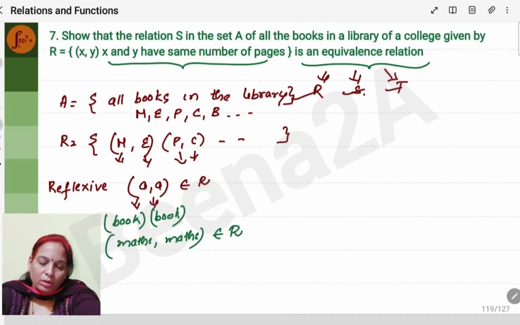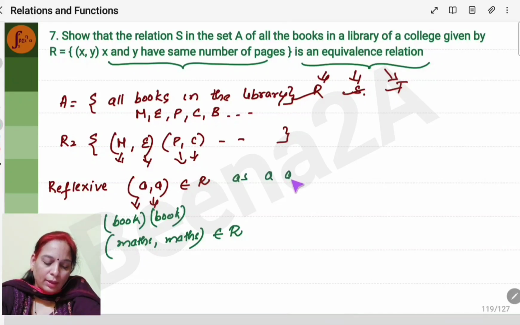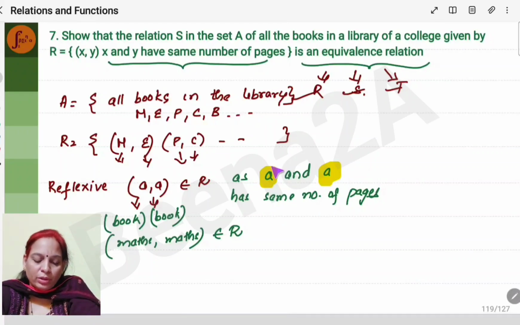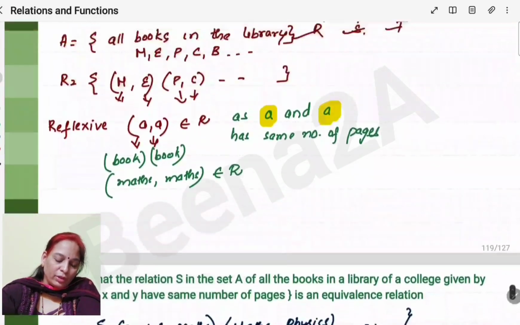So it is reflexive because A and A have the same number of pages. Therefore, it is reflexive.